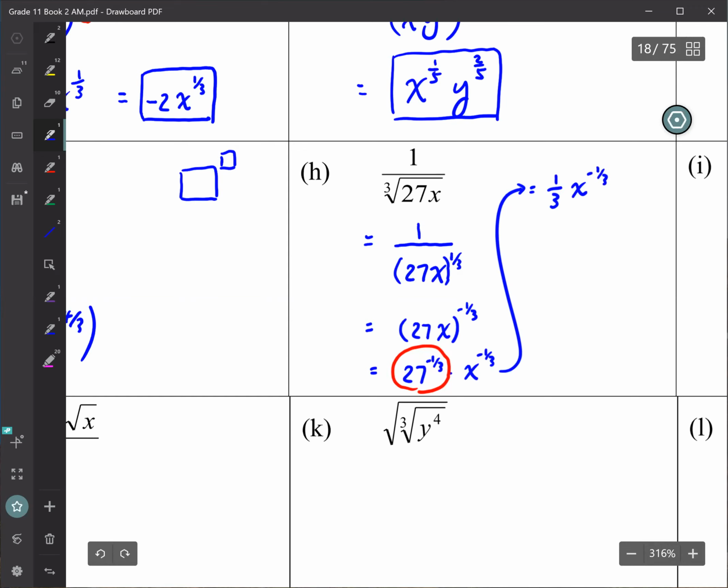Okay, you can leave the answer like that, right? This is an exponential form. You have a base of x, exponent of -1/3. Or you can also write it as x to the -1/3 over 3. Okay, either one can be the answer when you simplify.